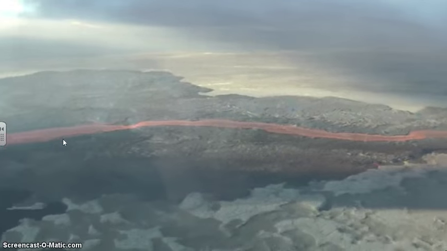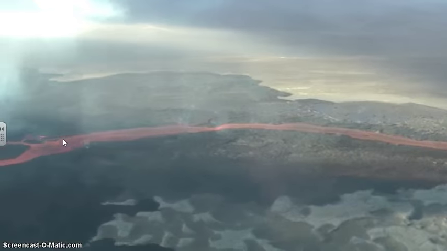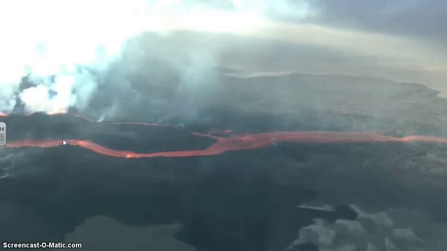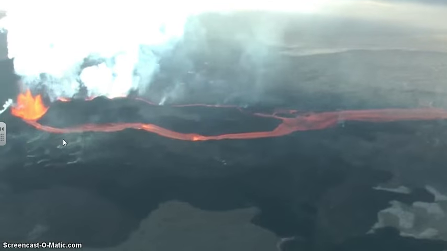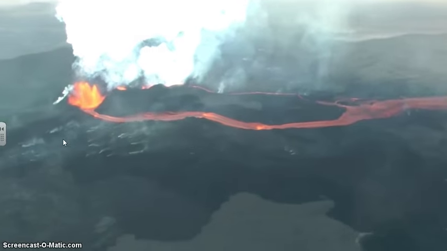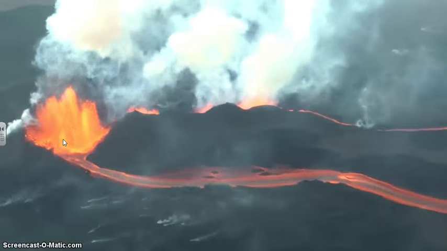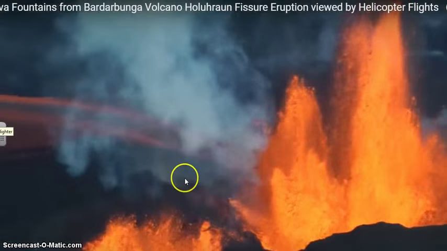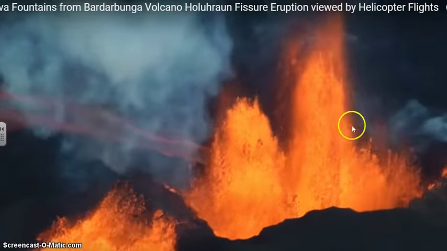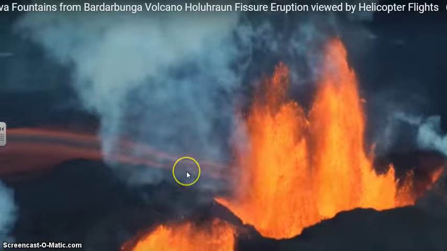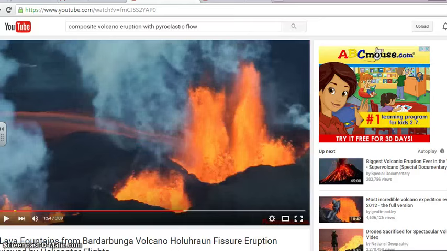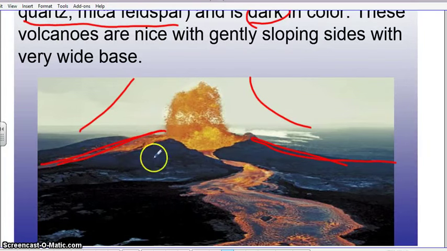All you see is the lava and the beautiful expression of a fountain that goes along with it. We do have some steam because of all the heat that's causing the water to condense around it. But yeah, it is just drop dead gorgeous. It's definitely a sight to see. See the fountains. So this is a very nice one. Now that's what we call a shield volcano.